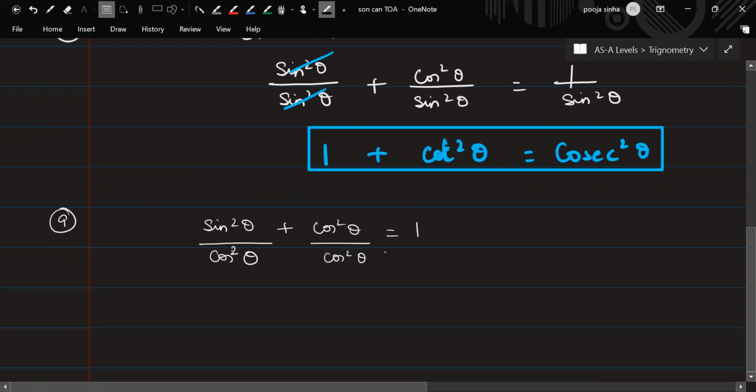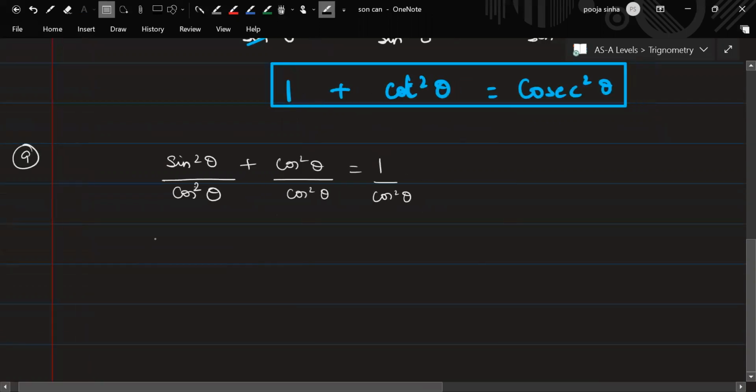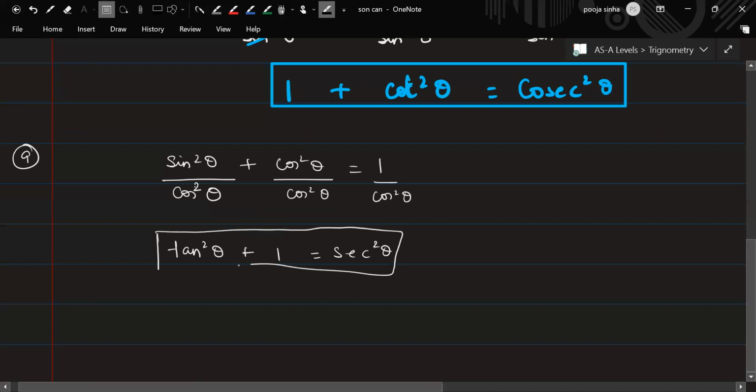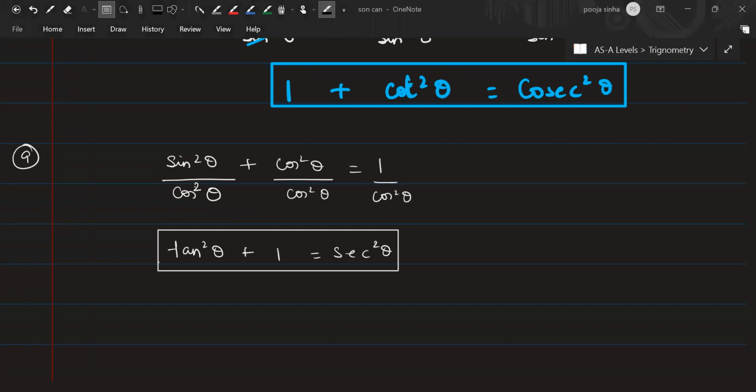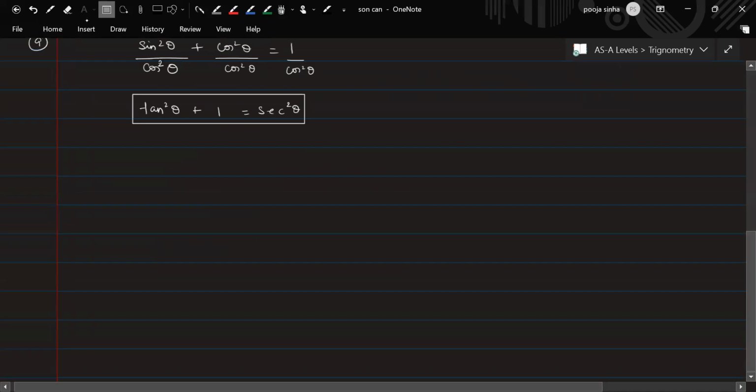And we get tan square theta plus 1 is equal to sec square theta. एक और identity बन गई. यहाँ तक clear? No confusions, right? We are understanding the relationships. Okay, perfect. Now understanding the graphs of these.